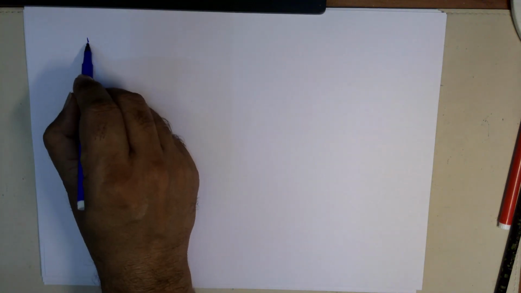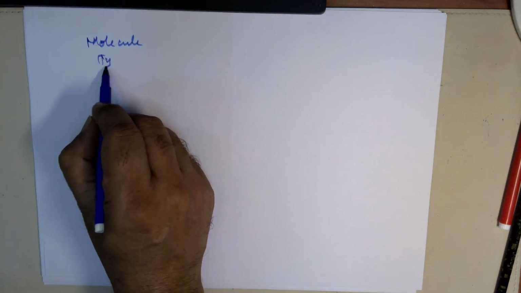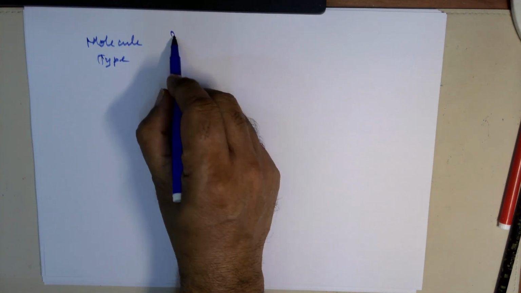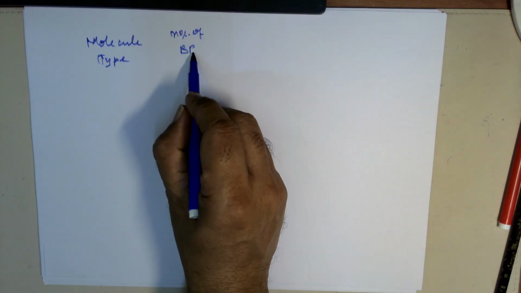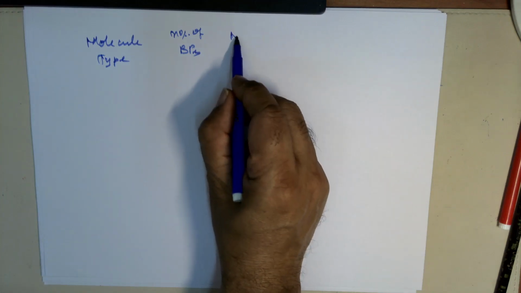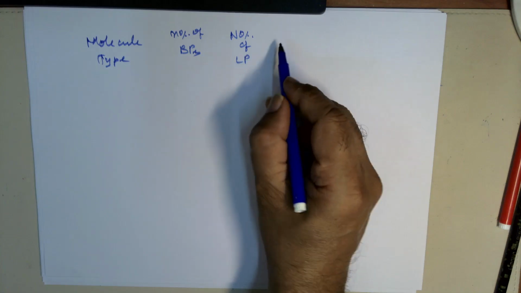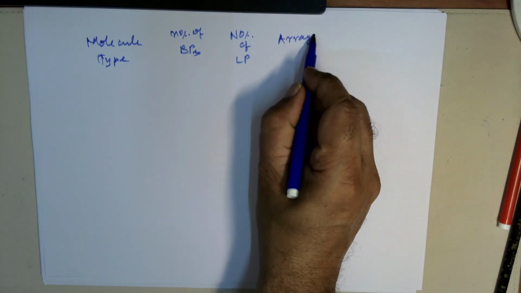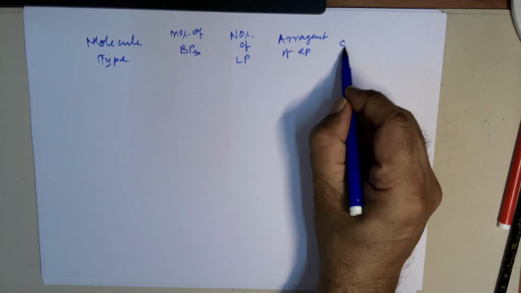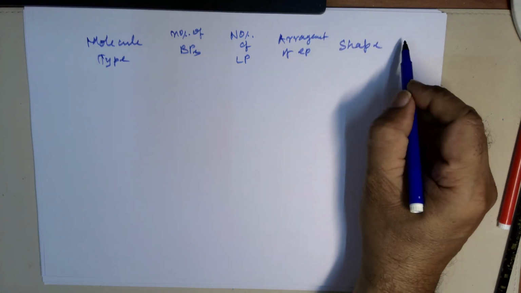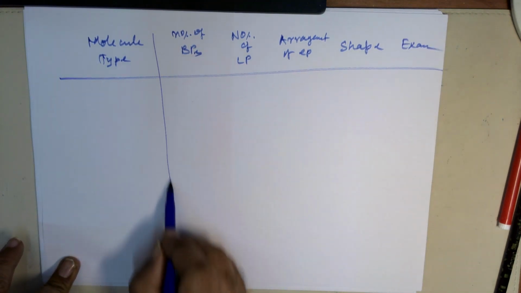Take down: molecule type, number of bonding pairs, number of lone pairs, arrangement of electron pairs, then tentative shape, and let us put some examples.